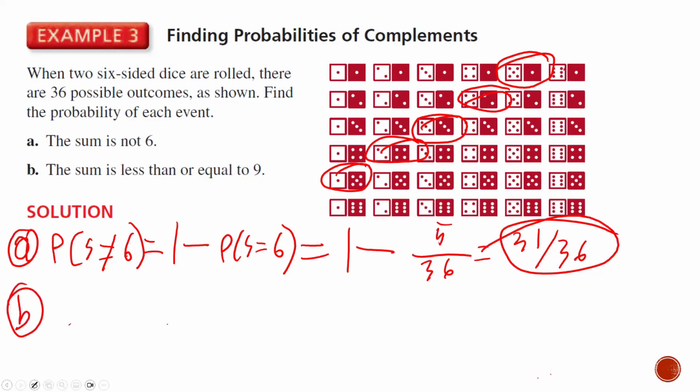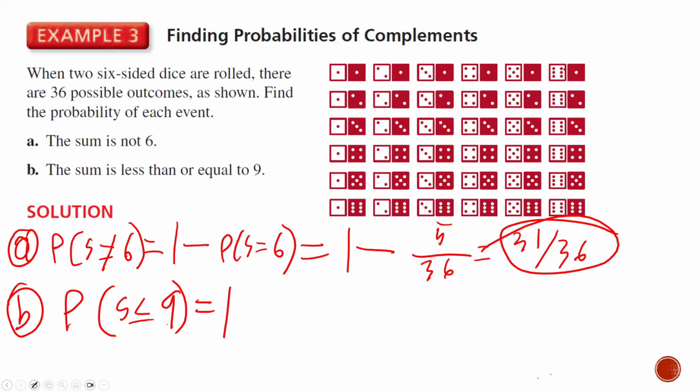Same thing here. Here the sum is less than or equal to 9. That's most of the things in this table. The easier thing to count would be the opposite, which is the probability that the sum is more than 9, or you could say more than or equal to 10.